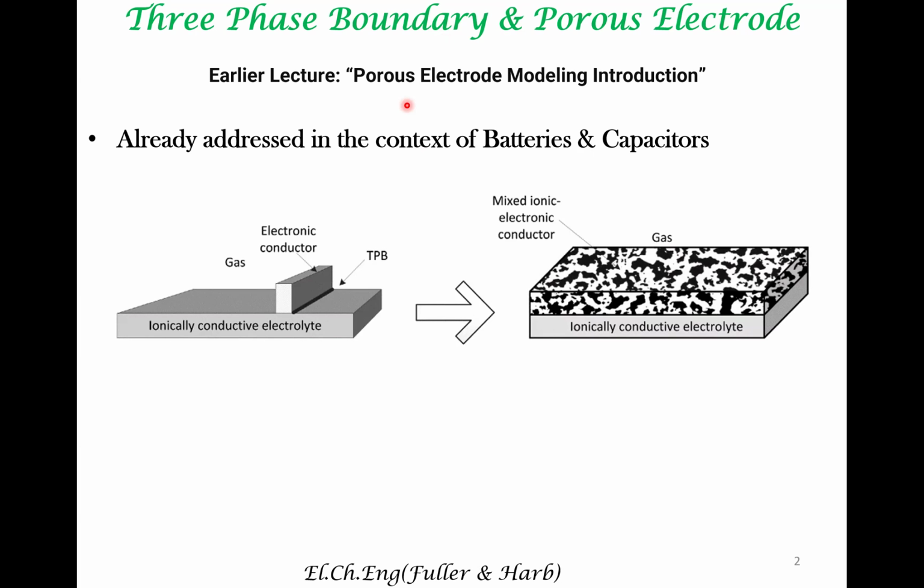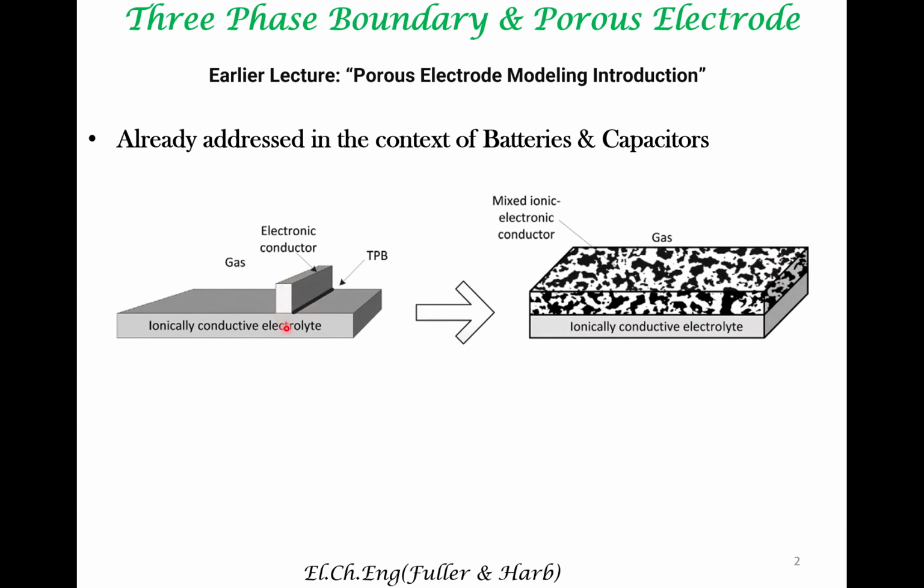In most electrochemical reactions, there is a constraint on where the electrochemical reaction would occur. Typically, we want areas wherein three phases are present. One phase is the gas phase, there is an electronically conducting phase, and there is another phase which is ionically conducting.